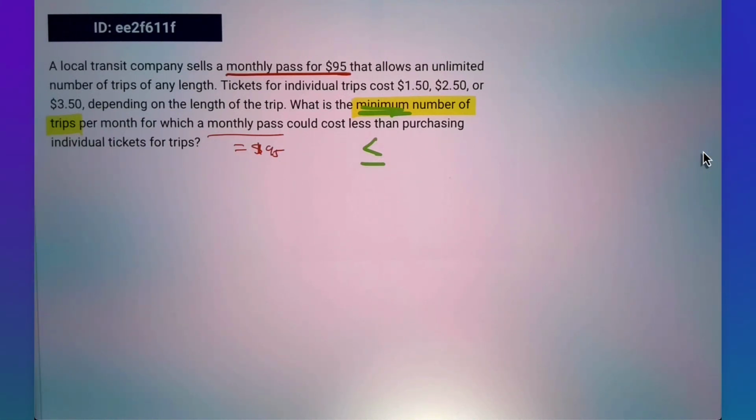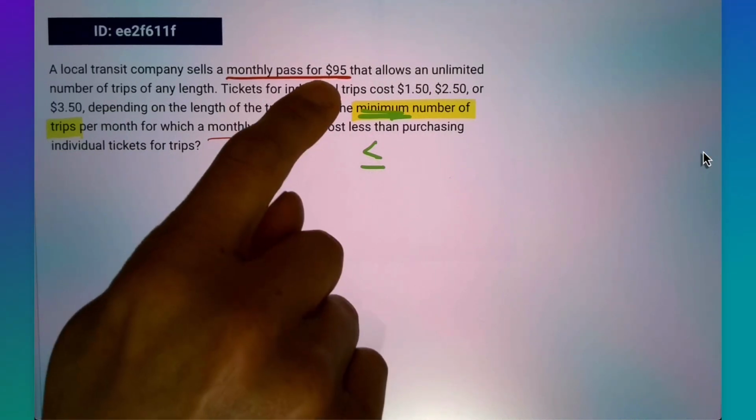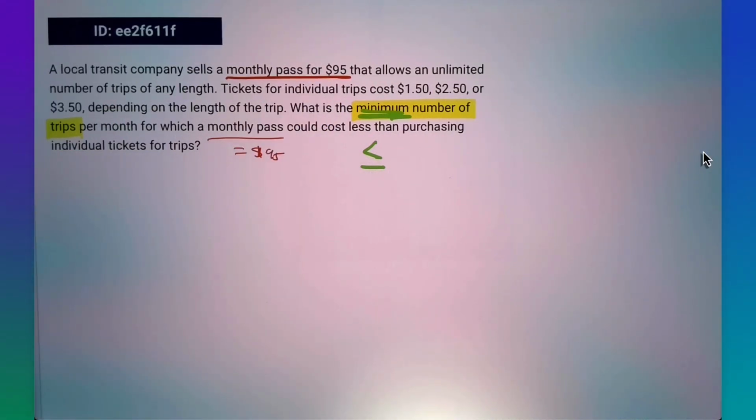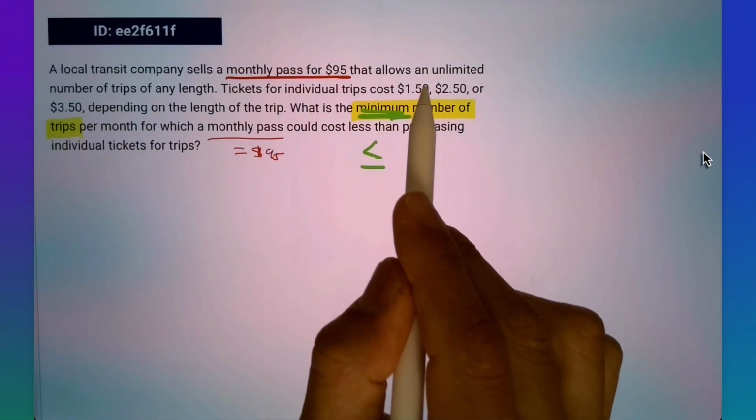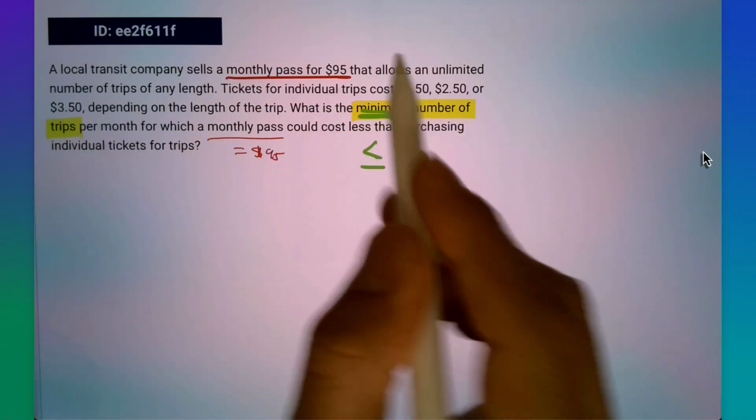So the higher the cost per ticket, the fewer the number of trips. So everyone clear on that? The higher the price per ticket, the fewer trips to even out that monthly pass. So among the 3 types of trip, choose the largest one.